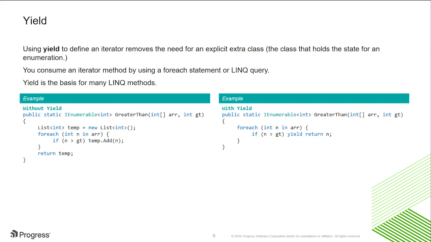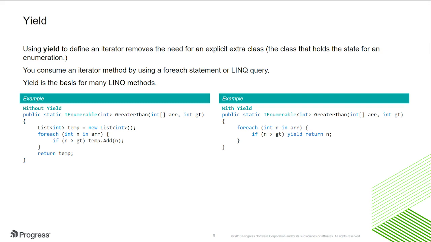And another thing the yield operator does is allow us to eliminate those placeholder values. So the first and second example here are identical pieces of code. The first one, we're looping through, creating a new list, and then adding elements to that list.